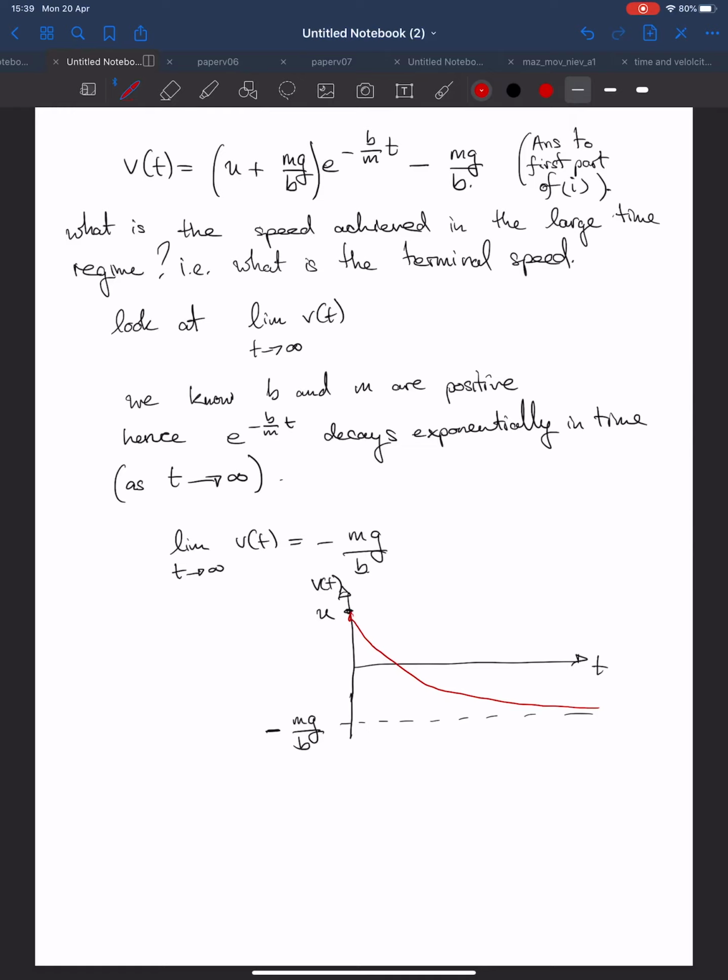Which is quite understandable because, well, you throw this up, the object moves upwards, our positive direction for y. It's also pointing upwards. So in this region, the object moves up.